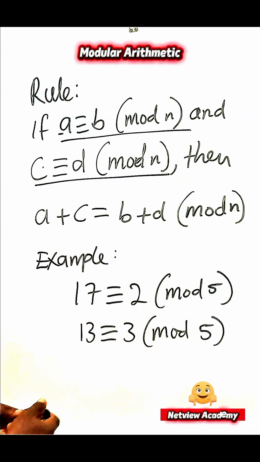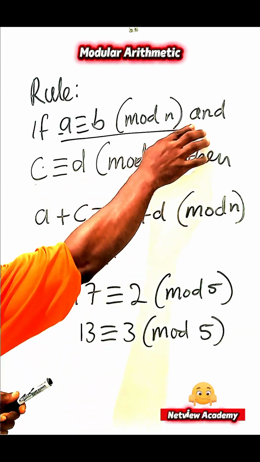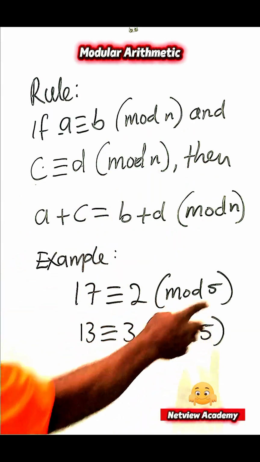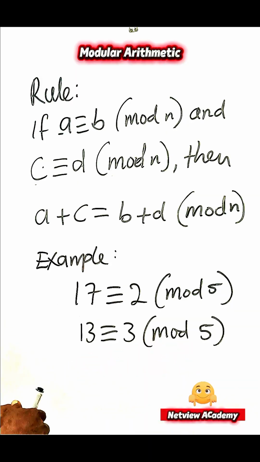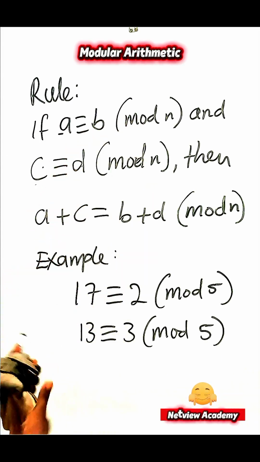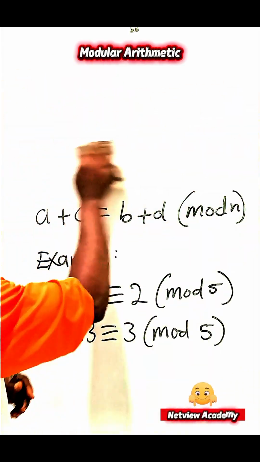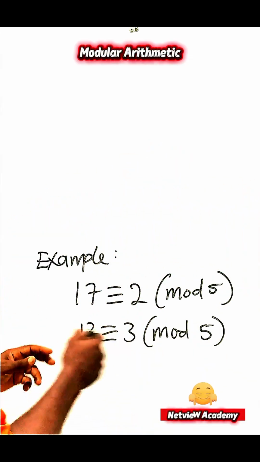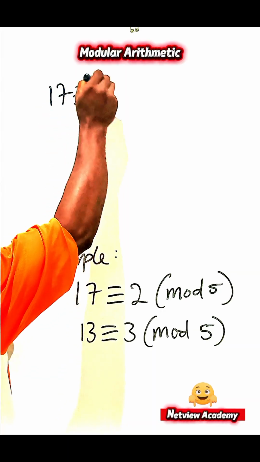So in this example, we are given two values. 17 is congruent to 2 modulus 5. 13 is congruent to 3 modulus 5. To solve this problem, we apply the rule of addition of modular arithmetic.